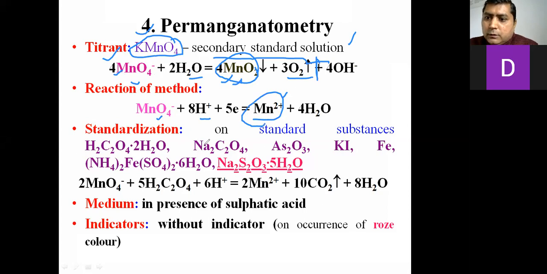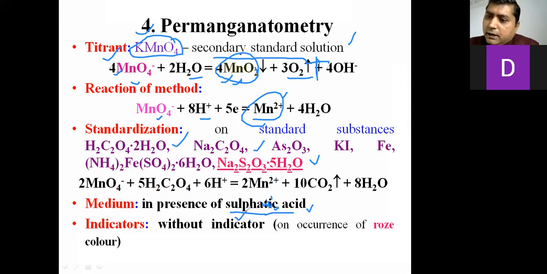The standard substances that can be used are oxalic acid, sodium oxalate, and sodium thiosulfate. The medium is sulfuric acid, and the reaction takes place in the presence of sulfuric acid.